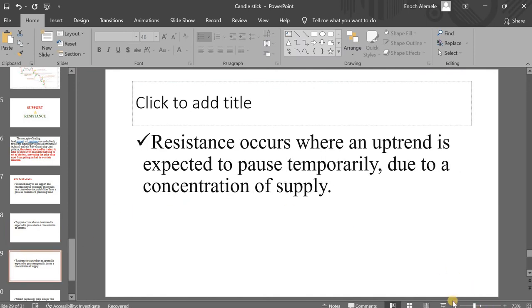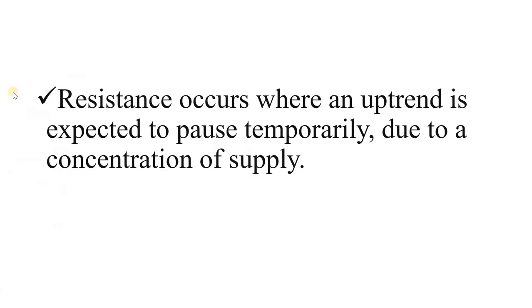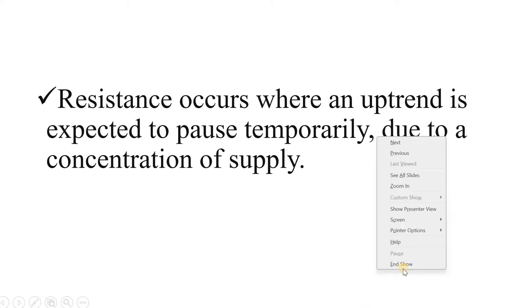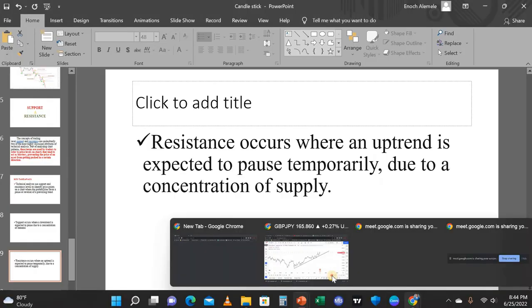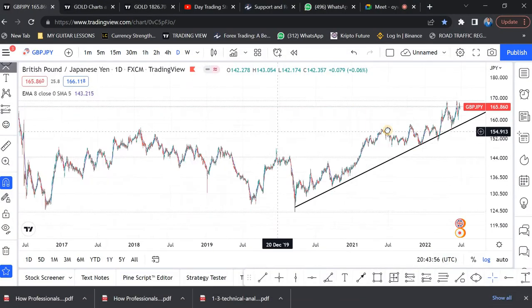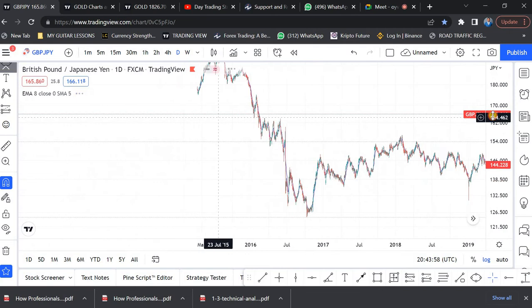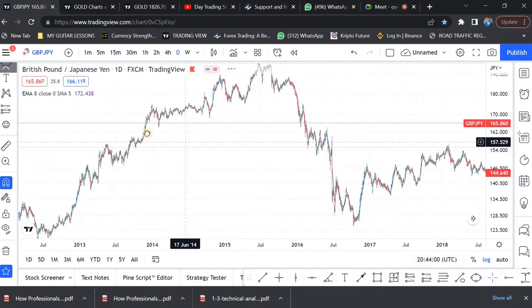Then we have resistance, which occurs where an uptrend is expected to pause temporarily due to a concentration of supply. So as the price is going up, let me use this one for illustration.